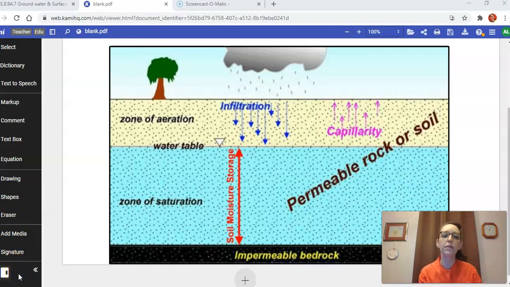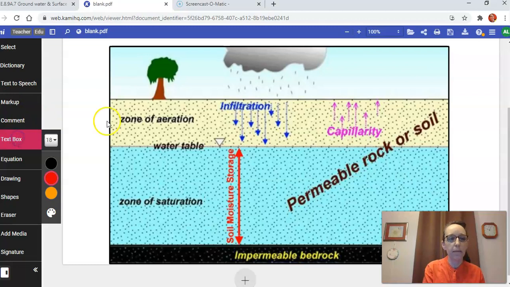All right, so some things that we're going to add, just so that we understand this vocabulary and what's going on. When we studied soil, we learned that permeable meant that it allowed the water to flow through it, that the pore spaces were large enough that the water can intertwine through the rock, or flow through. So we're just going to remind ourselves of some of these things, okay? I'm going to add my text feature.